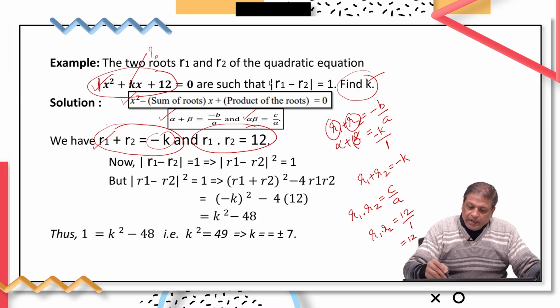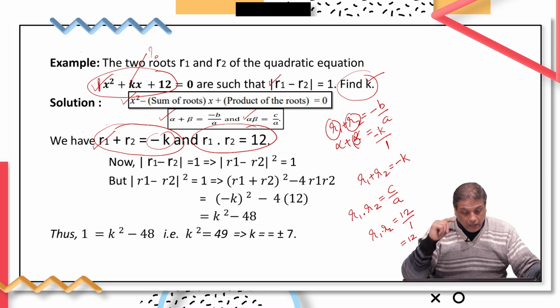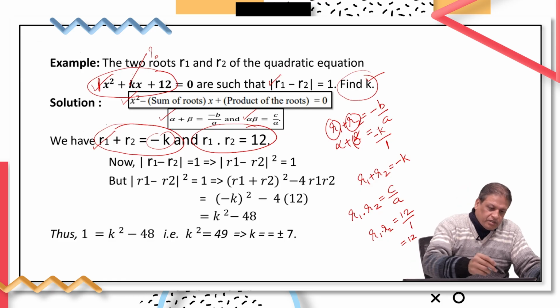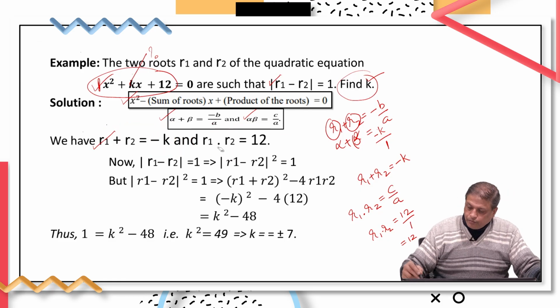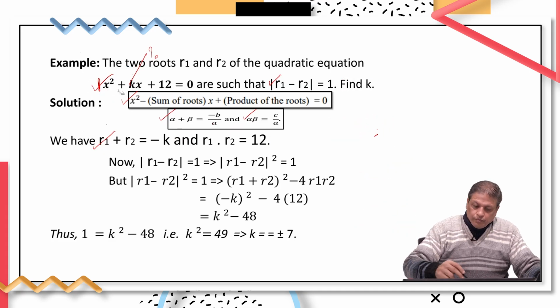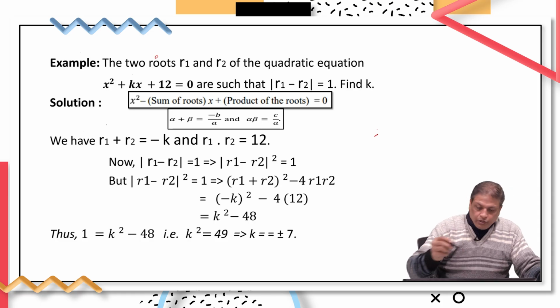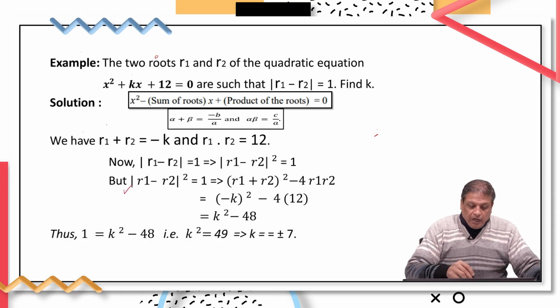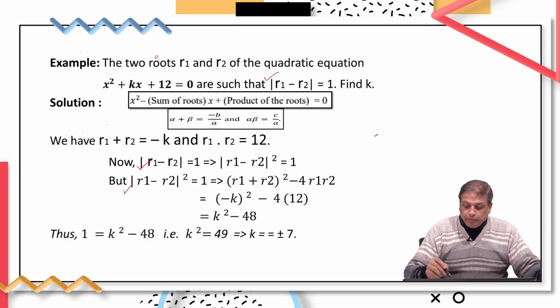Now, we are given that the modulus of r1 minus r2 is equal to 1. So, that means r1 minus r2 is equal to 1, and r1 minus r2 square is nothing but 1 square, which is nothing but 1.